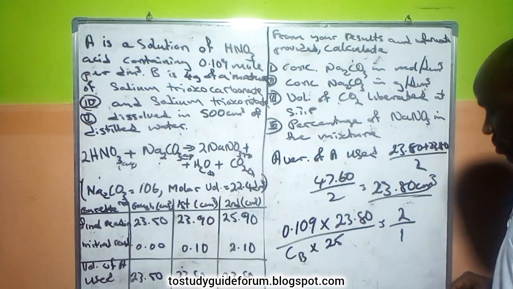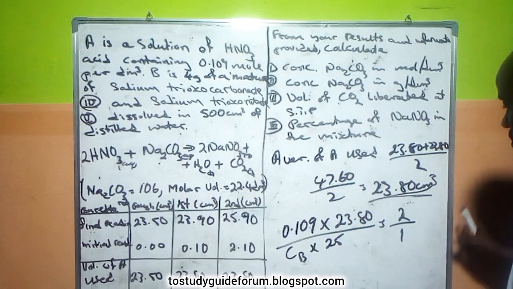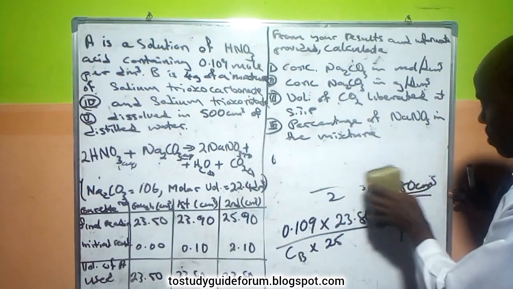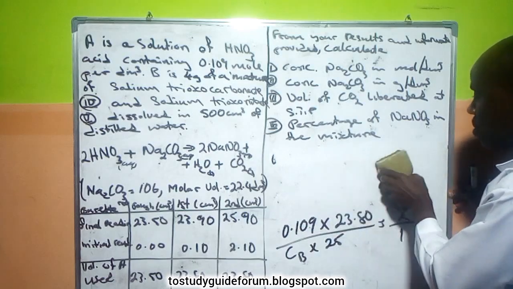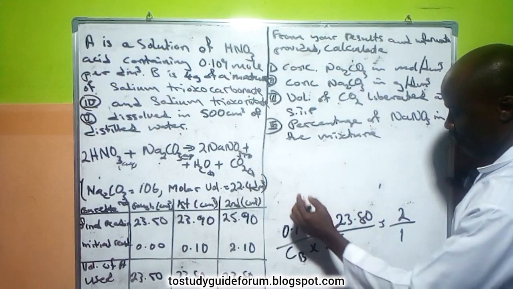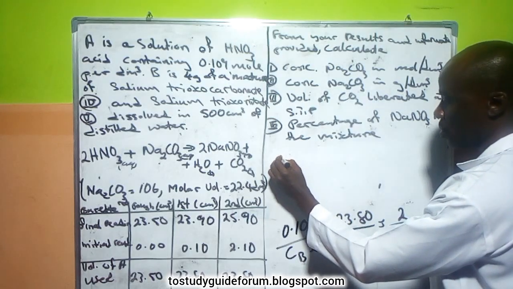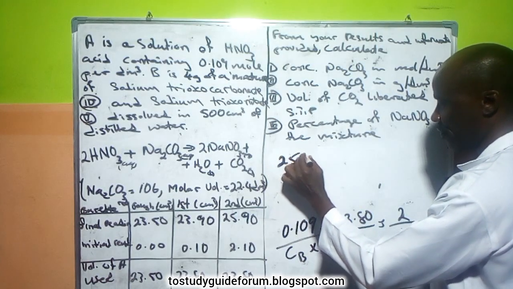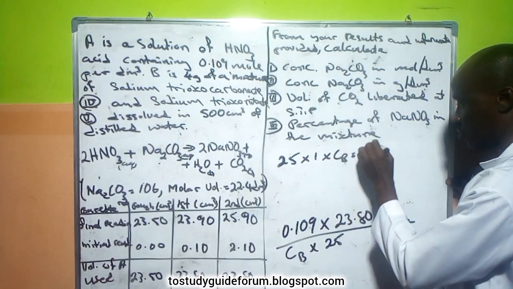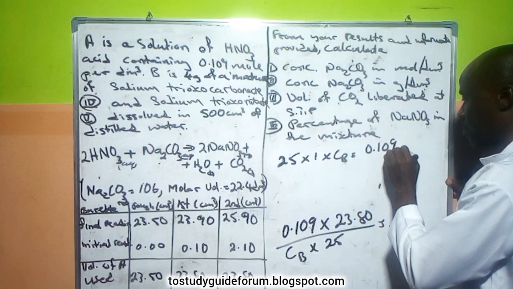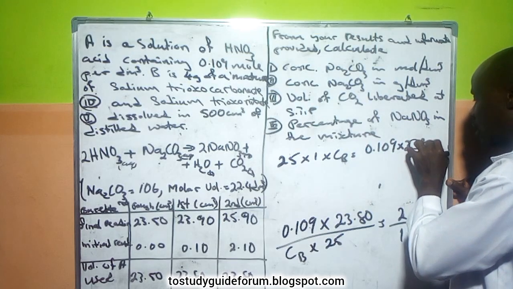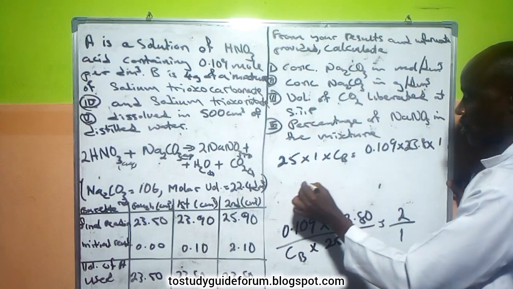So what else are we going to do now? What we're going to do is to cross multiply. If we cross multiply this, what we have will be 25 times 1 times CB equal to 0.109 times 23.8 times 1.